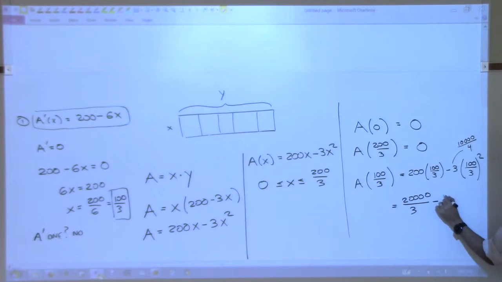So negative 30,000 over, oh, why did I put 4 here? Yeah, that's a 9. Over 9, like that. What is it at the end of the day here? Multiply top, minus 60.